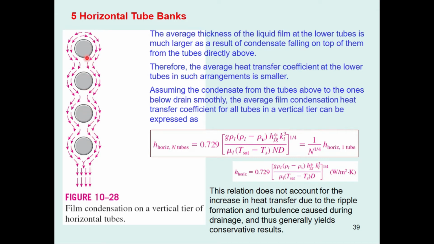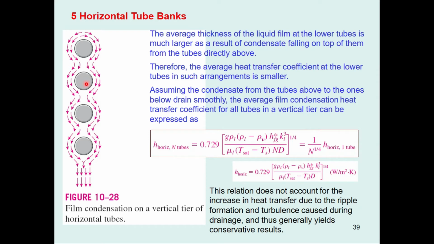This is the first tube, second tube, third tube and the fourth tube, and the condensation is taking place from top to bottom, and the liquid film is flowing from the upper tube to the lower tube and so on. So the average thickness of the liquid film at the lower tube is much larger as a result of the condensate falling on top of it from the tubes directly above.